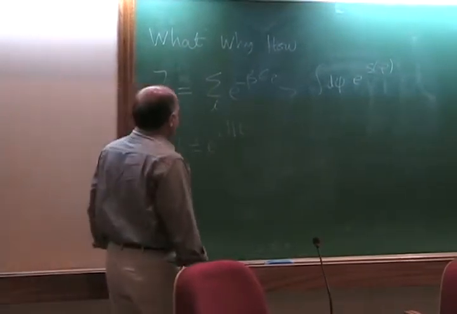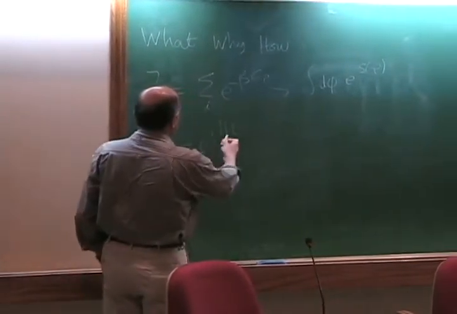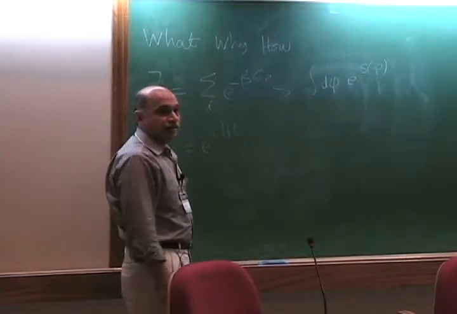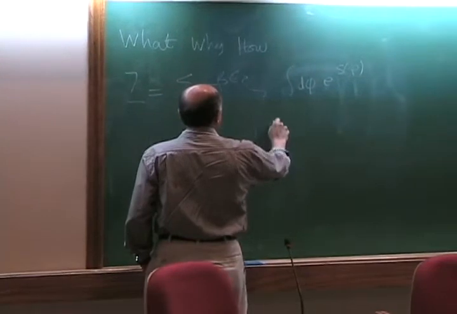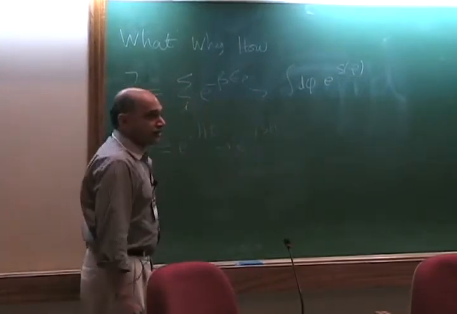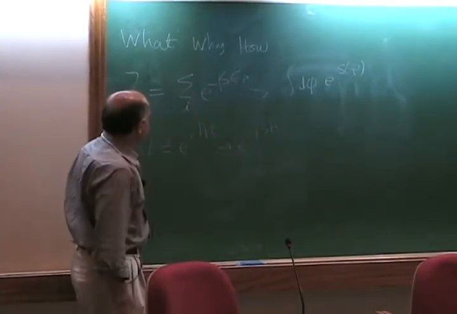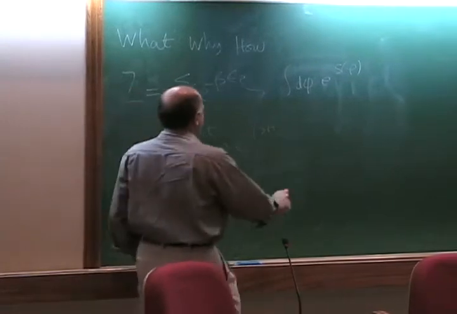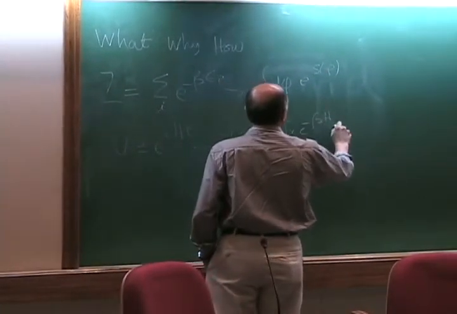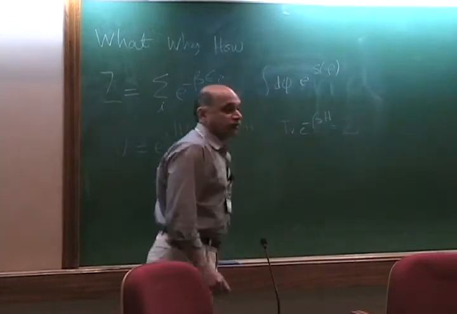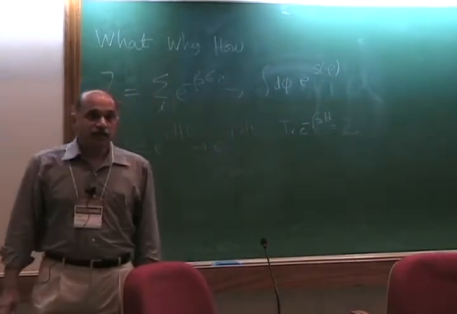And if you formally continue this from real time to imaginary time, you get this guy, e to the minus beta H, where beta is minus it. And the trace of e to the minus beta H is the partition function for quantum statistical mechanics.